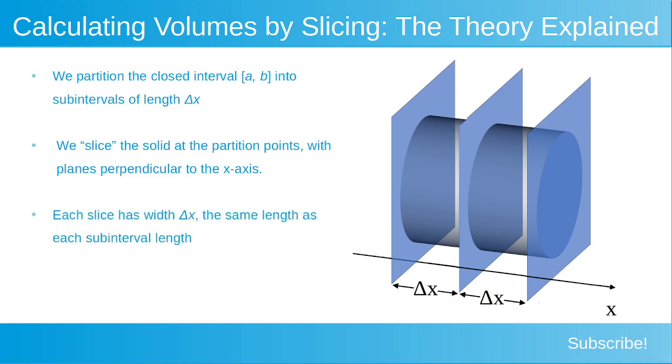Each slice has width delta x, the same length as each subinterval length. We can number the slices from 1 to a number n. So, for example, if we had 5 slices, we'd number them from 1 to 5, and n would be equal to 5. And we'd also number our subintervals from 1 to 5.